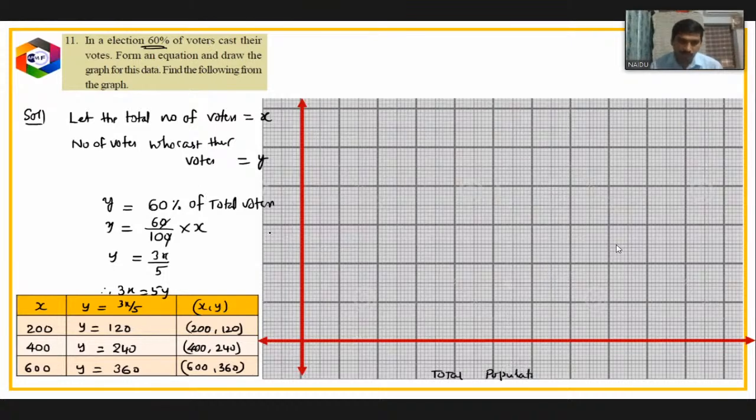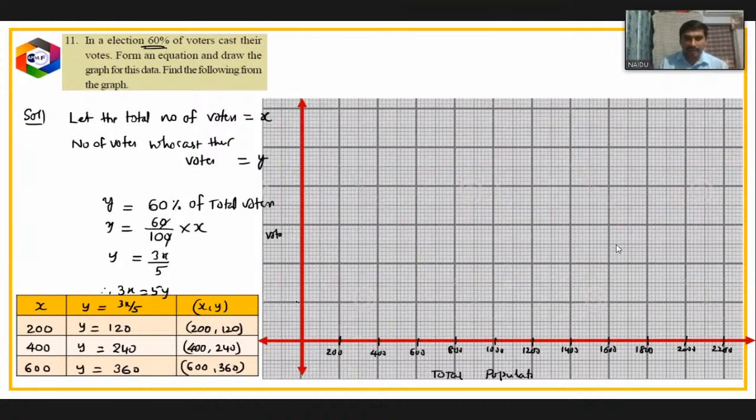These are the voters who cast their vote, and I said that this is 200, 400, 600, 800, 1000, 1200, 1400, 1600, 1800, 2000, and 2200 I have taken.